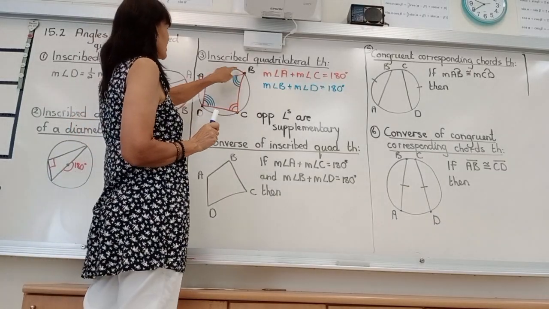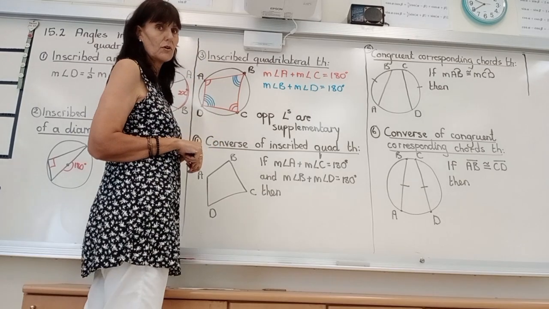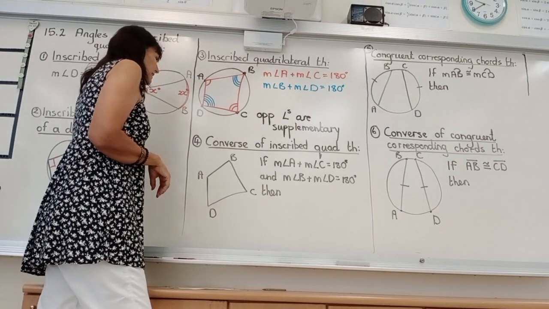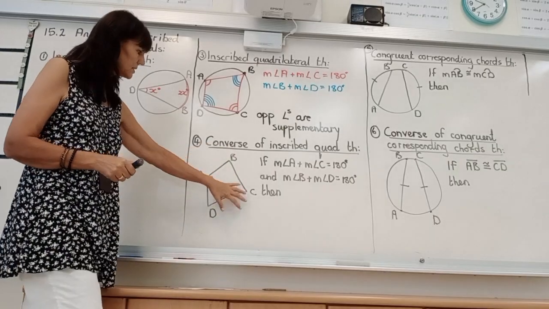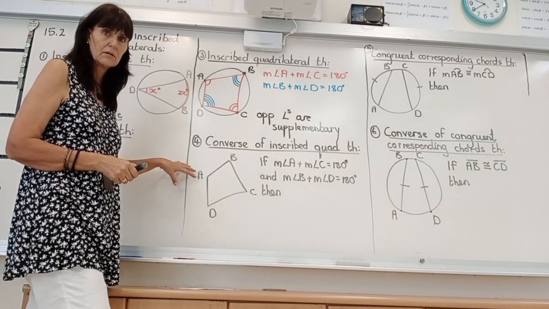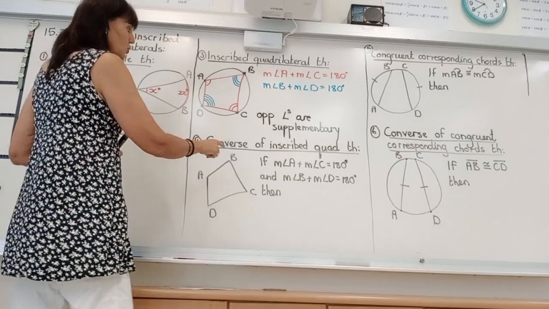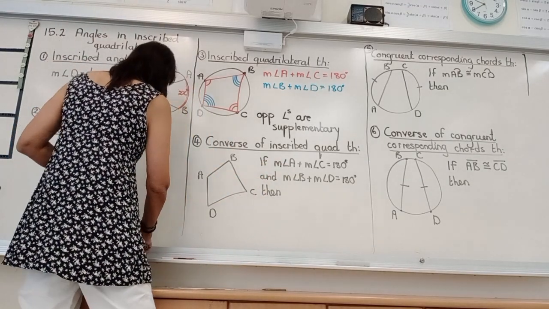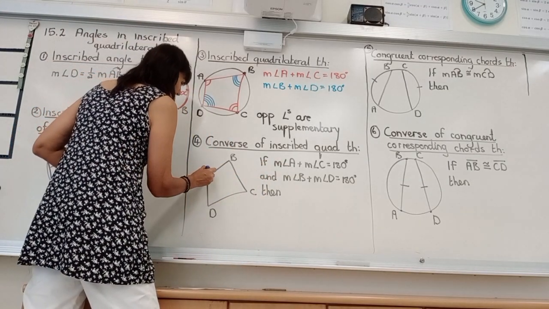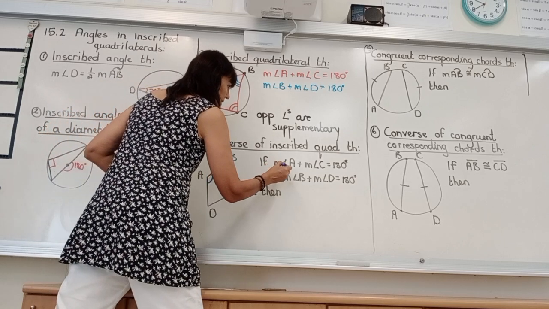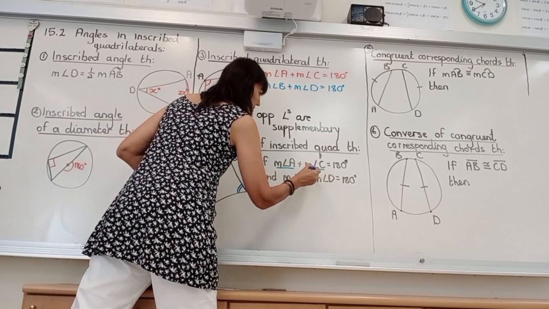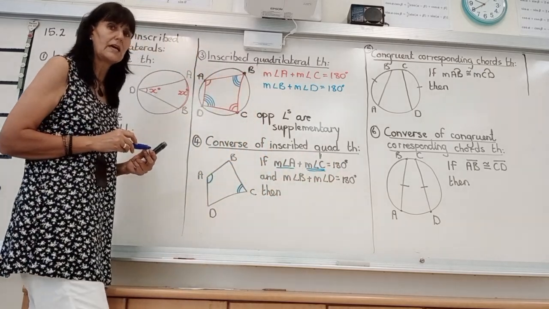The angles must be on the circumference of a circle. The next theorem is the converse of this one. Here you can see we don't have a circle, but we do know that the measurement of A and the measurement of C add up to definitely 180.